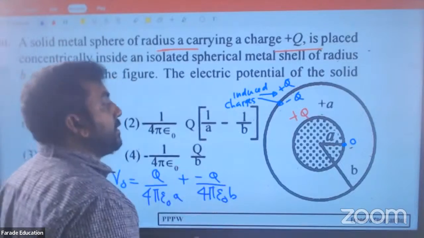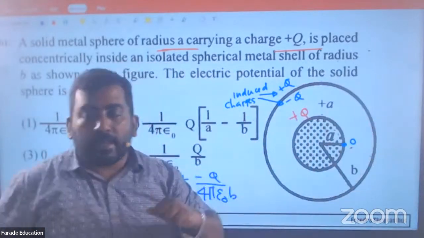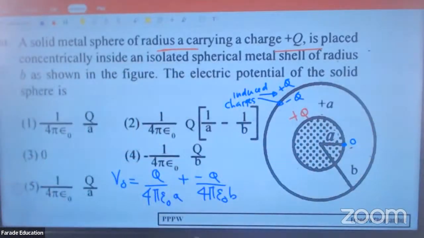You have learned this in theory. What about plus Q? Plus Q is also on the outer shell.